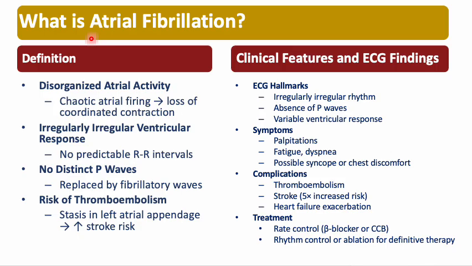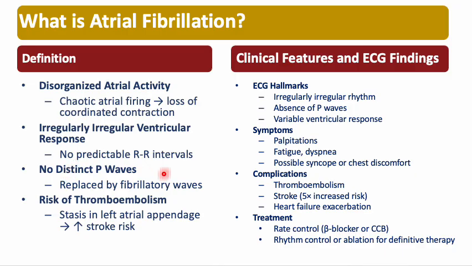We'll start off with atrial fibrillation. The definition of atrial fibrillation is disorganized atrial activity. You have pretty much chaotic atrial firing, and there's a loss of coordinated contraction. So your atrium and your ventricle are not contracting in sync. You have an irregular ventricular response.